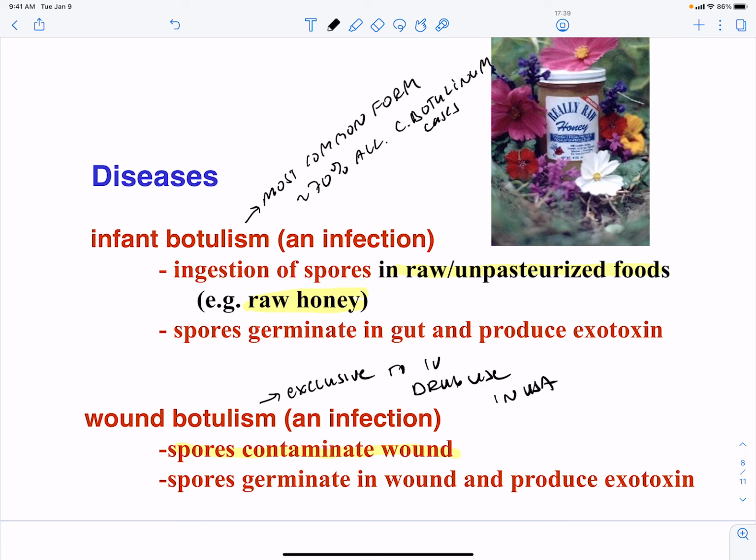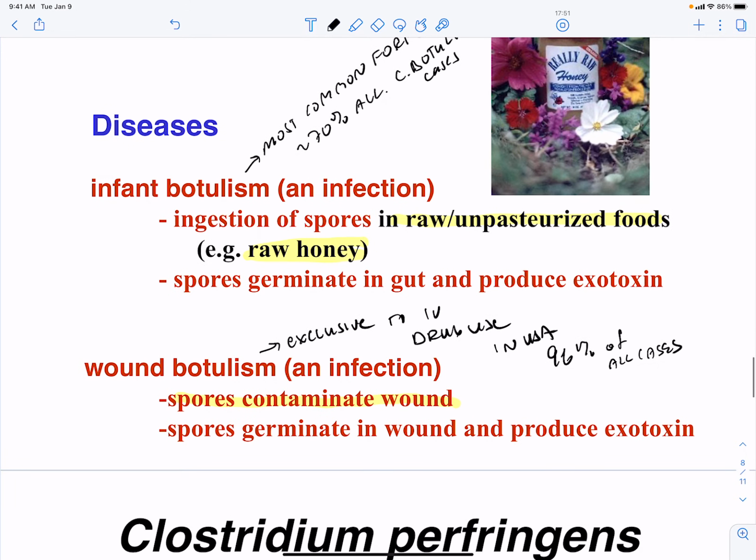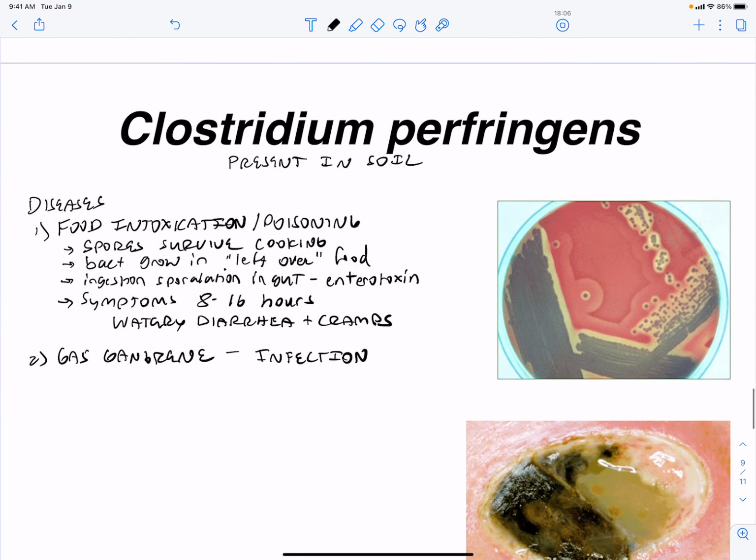So this is about 96% of all cases. And then there have been some cases also associated with unlicensed Botox. If you do that, or if someone you know is doing that, make sure they use a pharmacy grade product and go to a licensed facility.